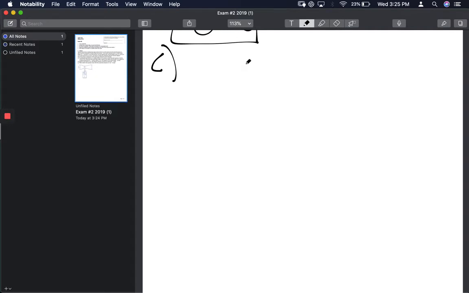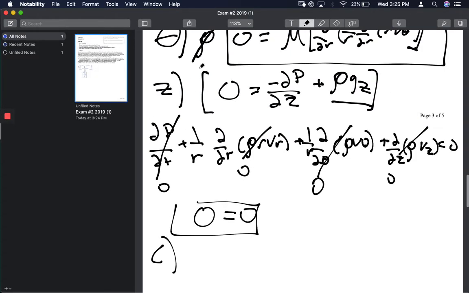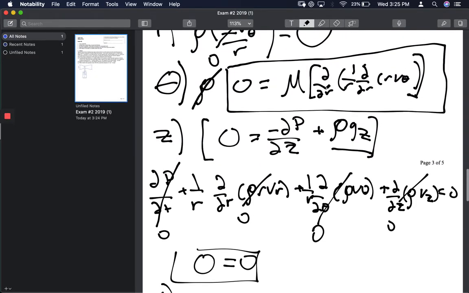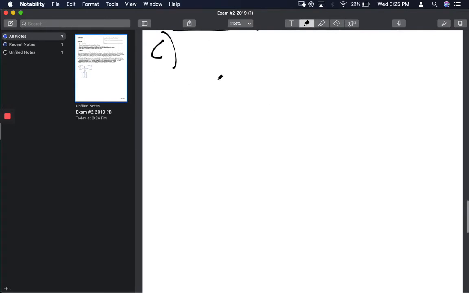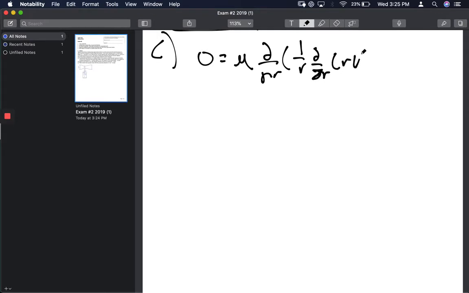So the main differential equation that we're going to be wanting to solve is here in the theta direction right here. So it's going to be 0 equals mu d/dr of 1 over r d/dr times r vθ.